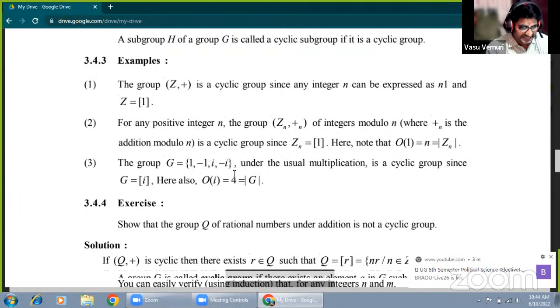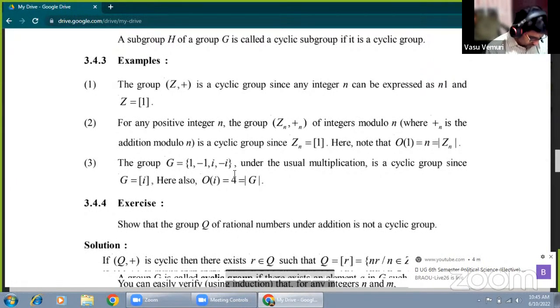That is notated in less than and greater than, in between i. So it is read as generated by i, or set of i, or box of i, whatever it is. Now it is read as generated by an element i. And another element is minus i.